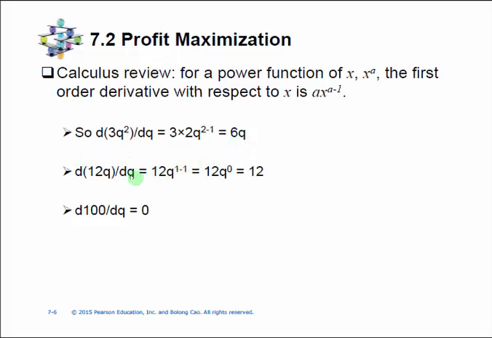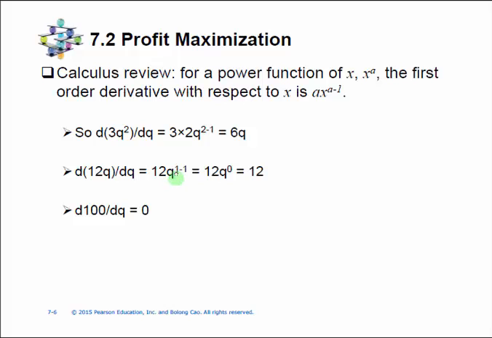All right. Now look at another example. It's just a constant times q itself. No power there, or say the 1st power. So differentiate 12 times q with respect to q. We have 12, we carry it over, just like the 3 carried over to 3 times 2 times q. And here it is 12 times q, so you carry the 12.